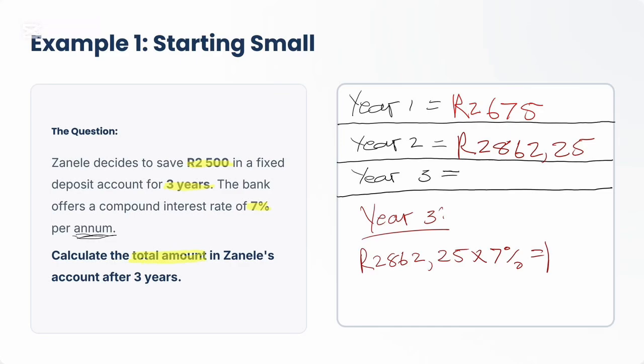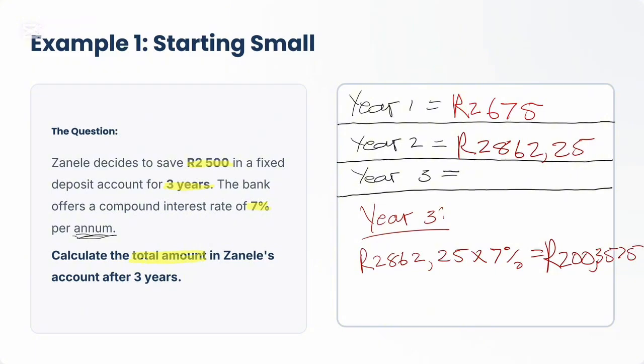We should get 200.3575. We don't have to round off yet.